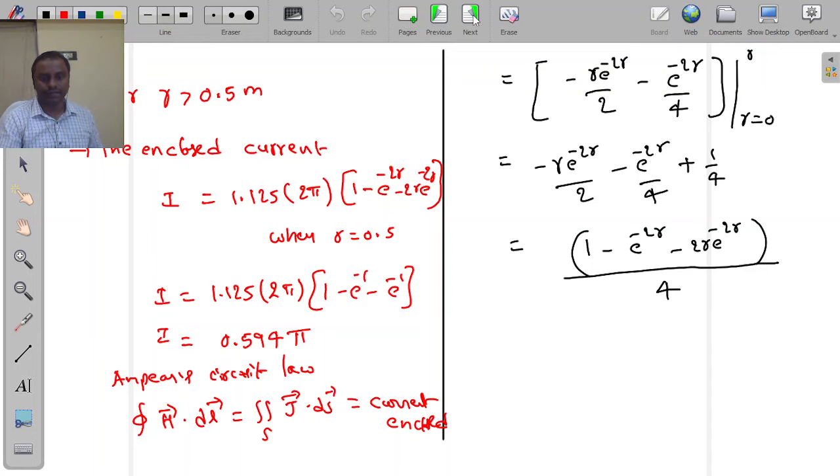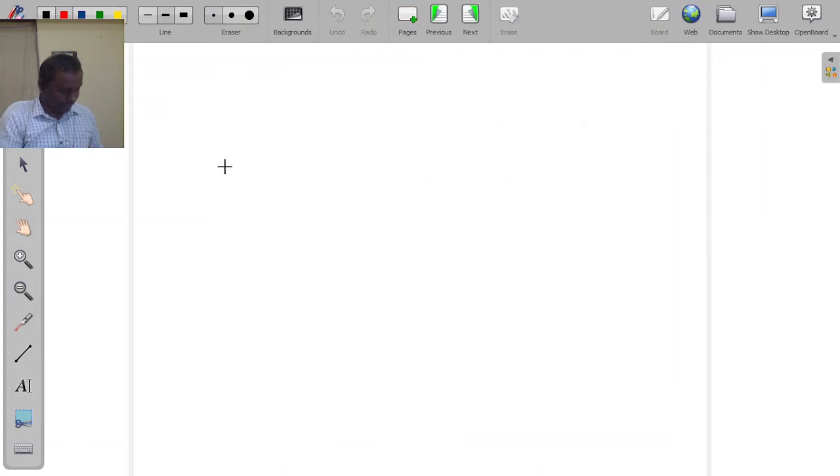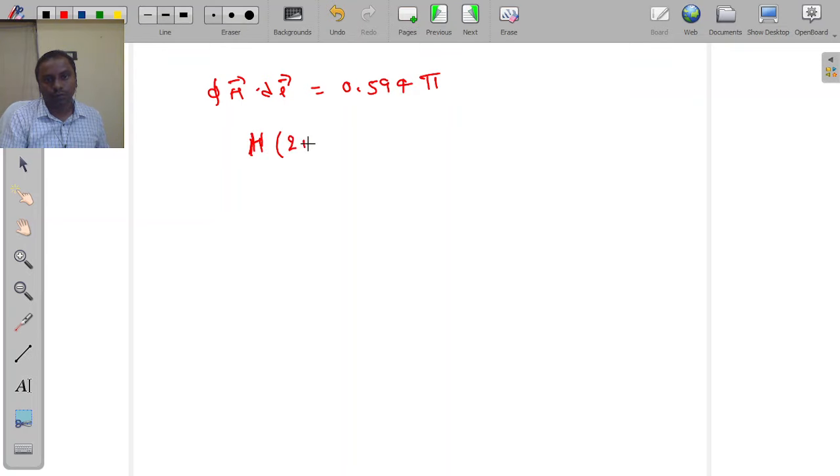Moving into the next, total current enclosed, then substituting, now closed integral h dot dl, we got 0.594 pi. From this, h into 2 pi r is equal to 0.594 pi.